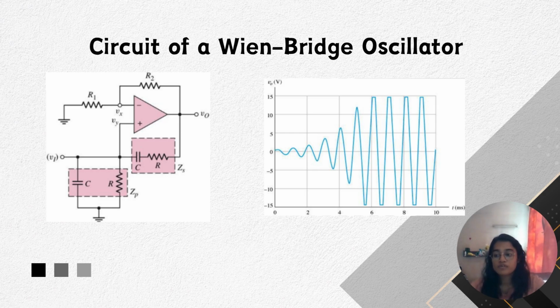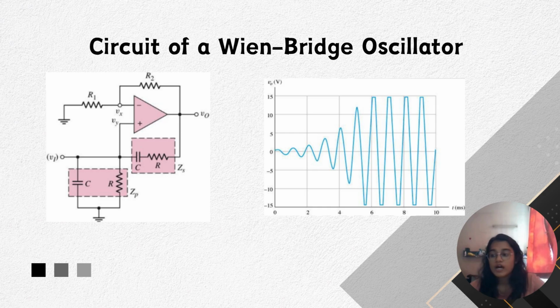It is a low frequency oscillator which ranges from a few kilohertz to only 1 megahertz. The voltage gain is Av equals 1 plus R2 over R1, which equals 3. As you can see, I've also provided the output graph of the Wien bridge oscillator.